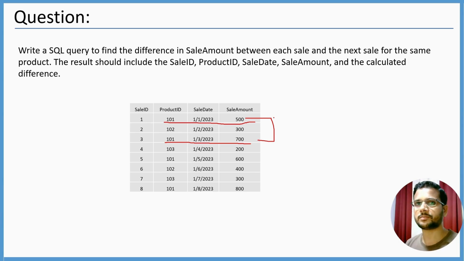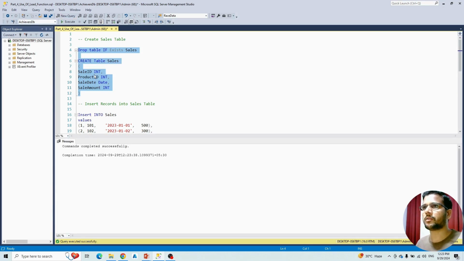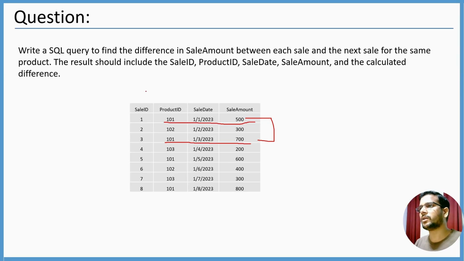Let's get started. First of all, I'll create a sales table, and in this table I have the same columns which I mentioned in the PPT. You may or may not get such columns, but an interviewer may give you some imaginary table and you will have to suggest a solution.